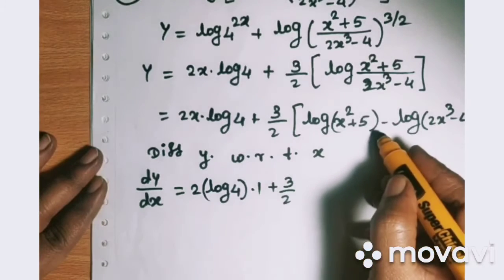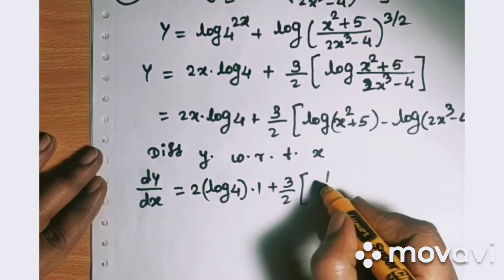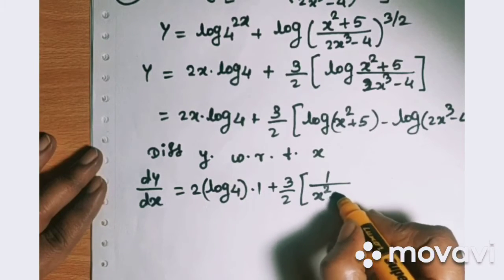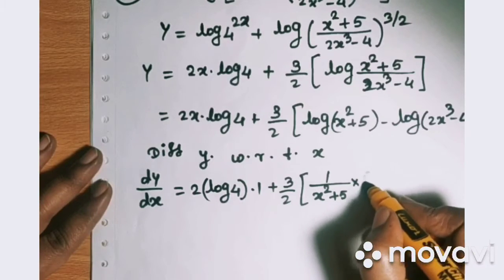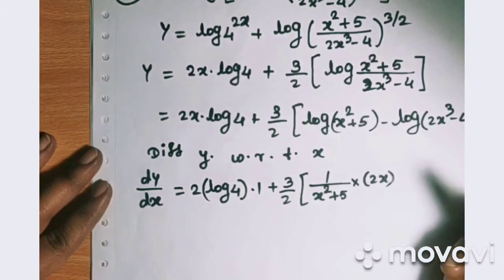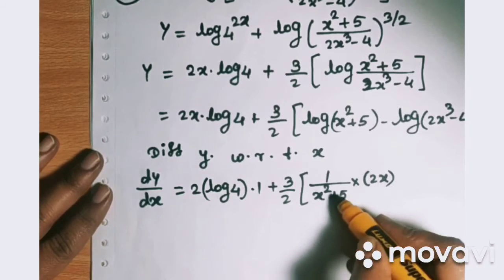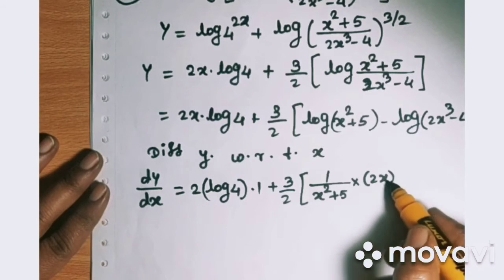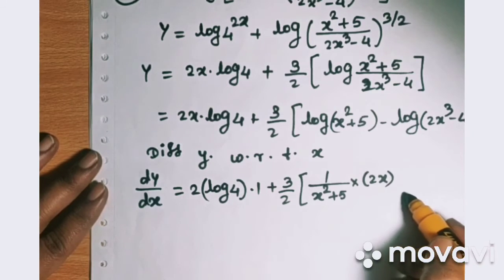Take the derivative of log of x square plus 5, it becomes 1 upon x square plus 5 and multiply with the derivative of x square plus 5, that is 2x. I have directly written the derivative of x square plus 5: derivative of x square is 2x, and 5 is constant, therefore derivative of 5 is 0.